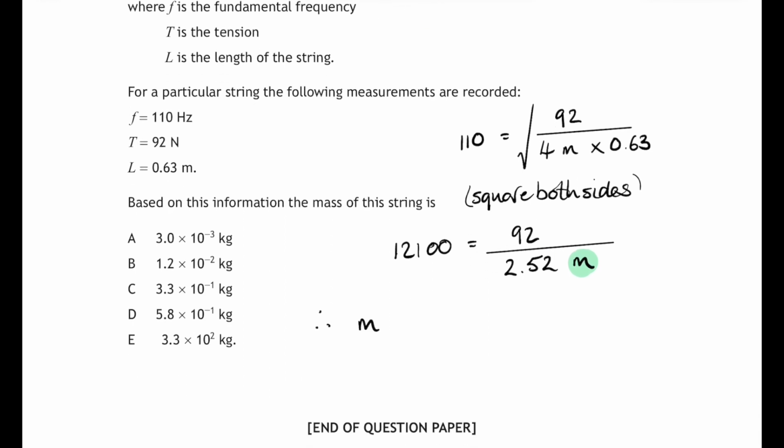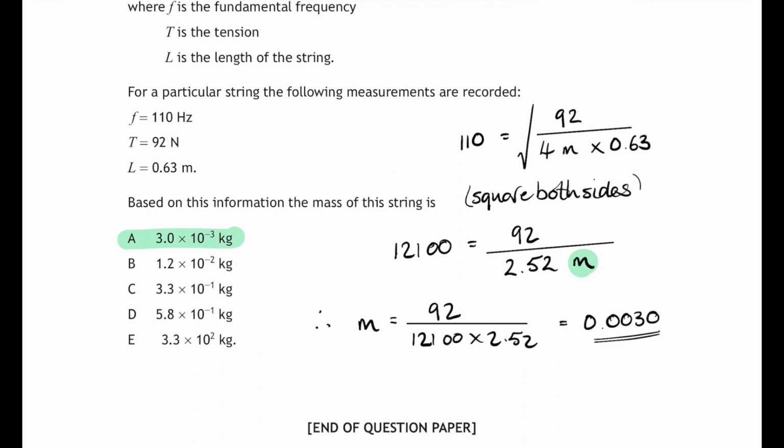So m will be equal to 92 divided by 12,100 times 2.52. And you do that in your calculator, that'll give you an answer of 0.0030. Now we have to put that in the standard form. That's 3 times 10 to the minus 3, and that corresponds to answer A.